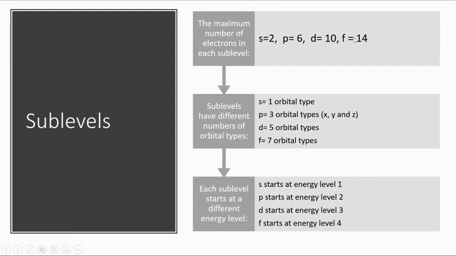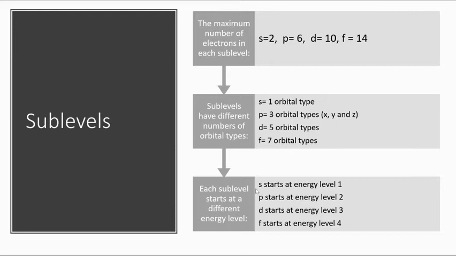And I'm going to show you how you can remember that just by looking at your periodic table. I really believe that you use the periodic table for writing your electron configurations constantly. I just think it's much easier to understand how to write them when you're looking directly at the periodic table. So hang with me, okay? Your sublevels have different orbitals: 1 orbital for S, 3 orbitals for P, 5 for D, and 7 for F. And then each sublevel is going to start at a different energy level.